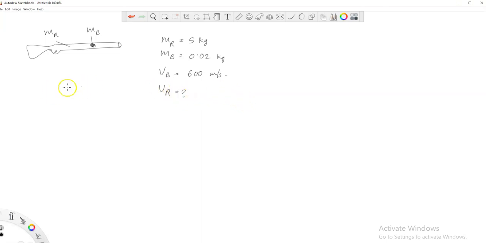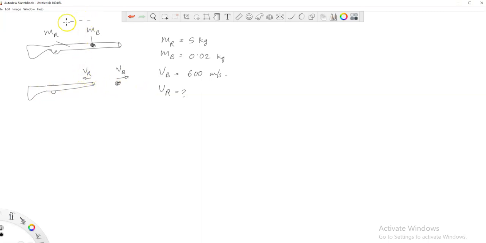Once you fire it, you have this same rifle here, and we have a moving bullet. Now the rifle recoils backward. So this is the bullet, the rifle. We can use momentum conservation to find this VR velocity.